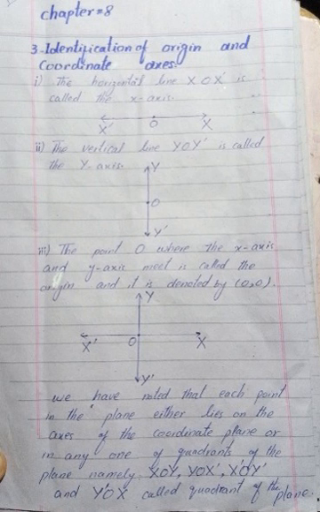Right from O it will be positive. The part left from O will be negative, meaning all numbers will come with a negative sign. That's why it is known as the horizontal line, the x-axis.